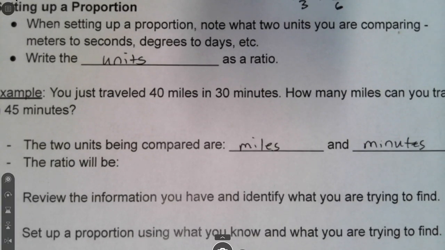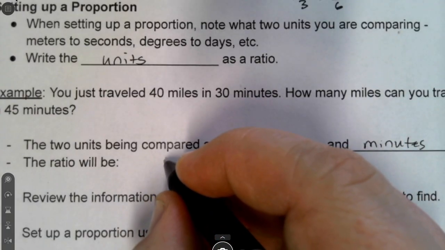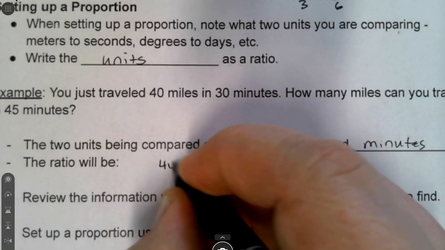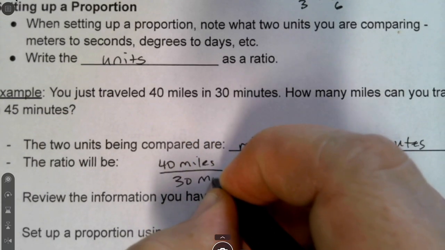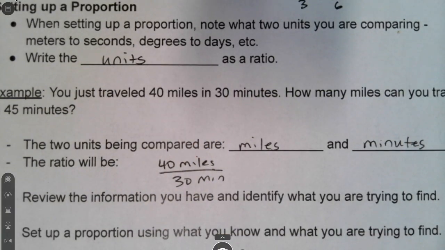So specifically for this, our ratio will be 40 miles over 30 minutes.